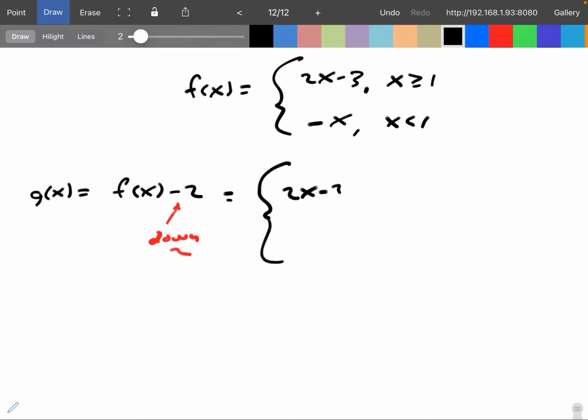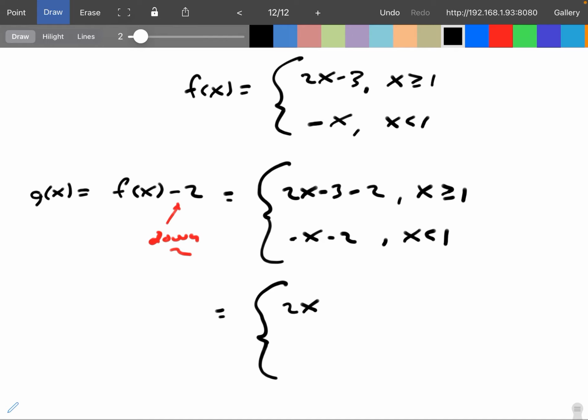So then our function is going to look like this. So it's going to be 2x minus 3 minus 2. I said that domain is going to stay the same. And then this one's going to be negative x minus 2. And again, that lower domain is going to stay the same.